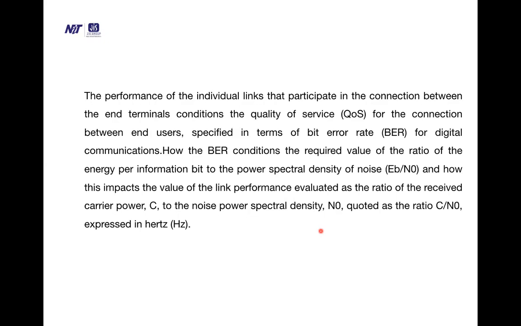However, the BER conditions the required value of the ratio of the energy per bit to the power spectral density of the noise, Eb/N0, and this impacts the value of the link performance, evaluated as the ratio of the received carrier power C to the noise spectral density N0, quoted as C/N0, expressed in Hertz.